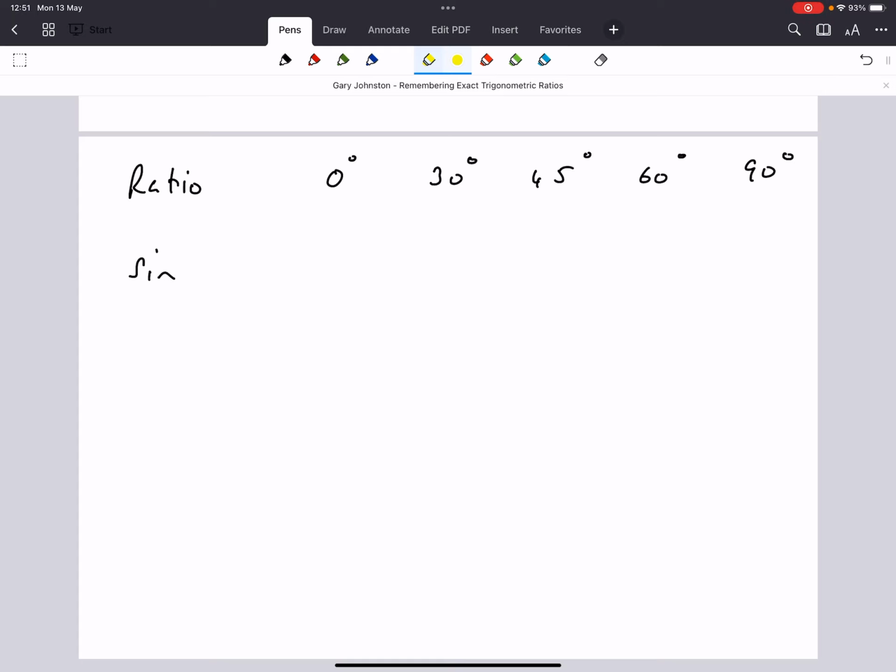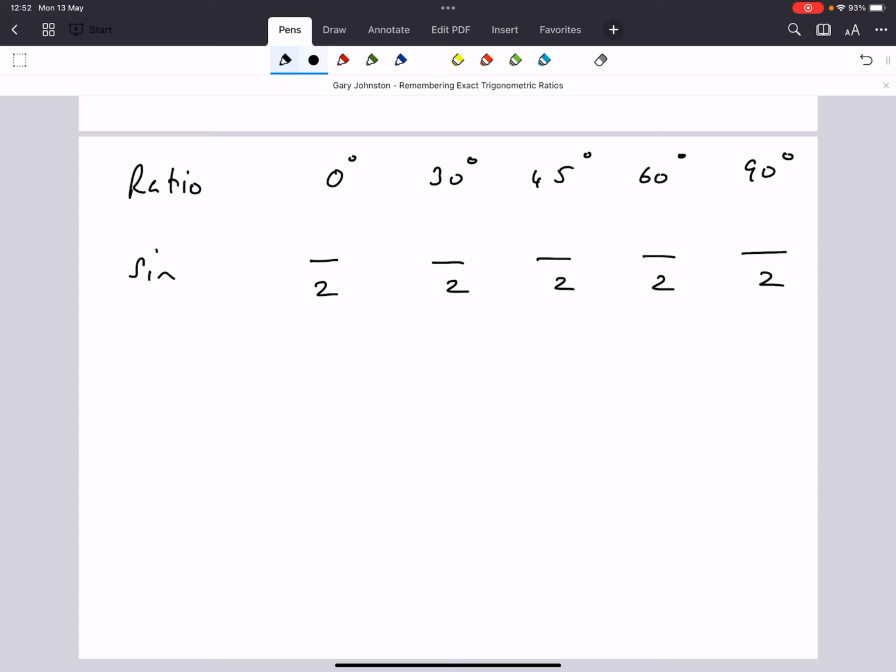So firstly, I want you to go along and quite simply draw 5 fraction lines. And then in the denominator of those fractions, write the number 2. So all these ratios are going to be fractions over the number 2. Well, they are initially, but we're going to simplify them.